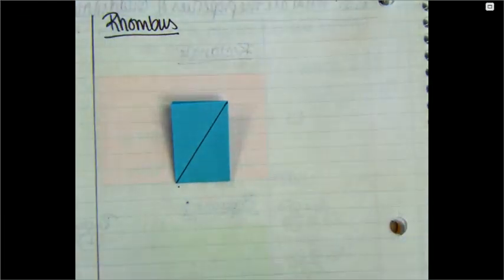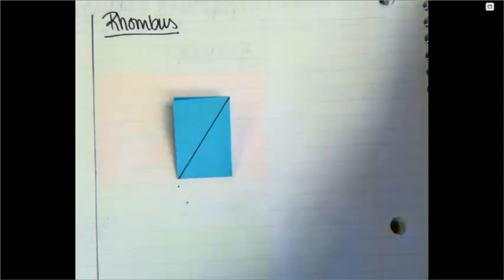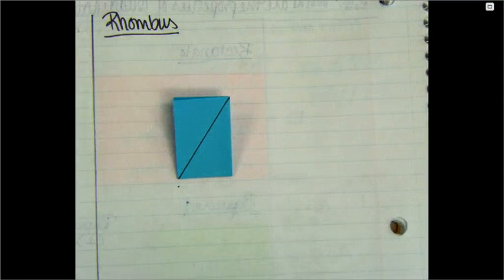So remember, this is the corner right here that's folded. These are the open sides. Are we good? Got it?